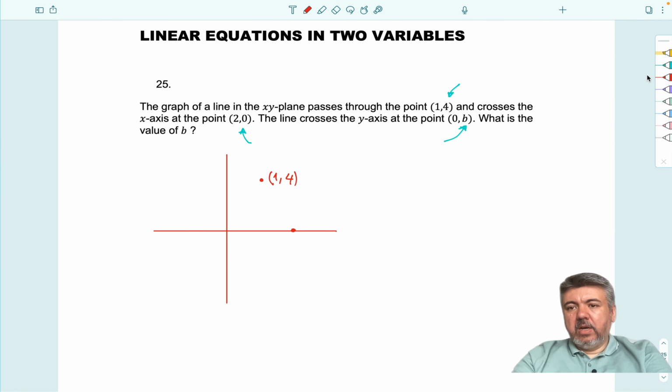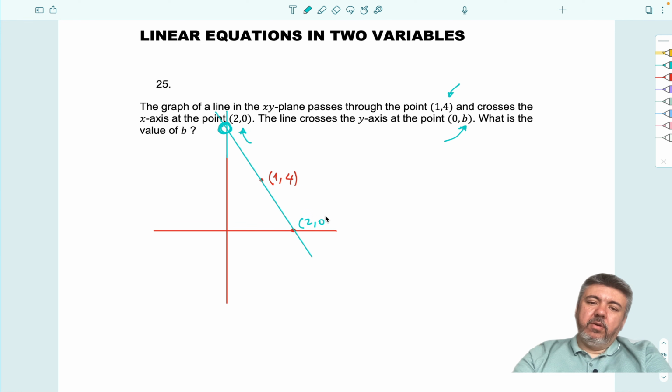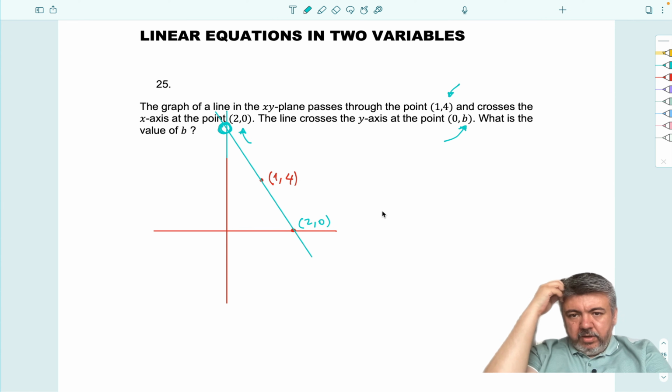So it's kind of like this kind of line. The graph is not that important, but we're looking for this point.